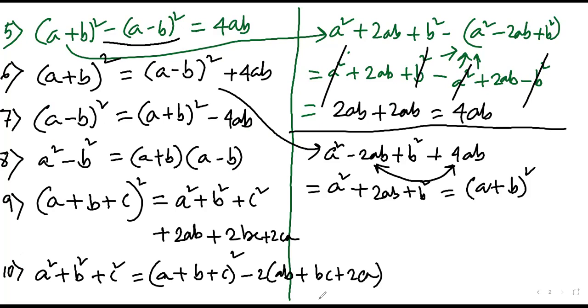Clear? So this is another expression for a square plus b square plus c square. You people have to learn it and memorize it. So these all are the formulae for squares.